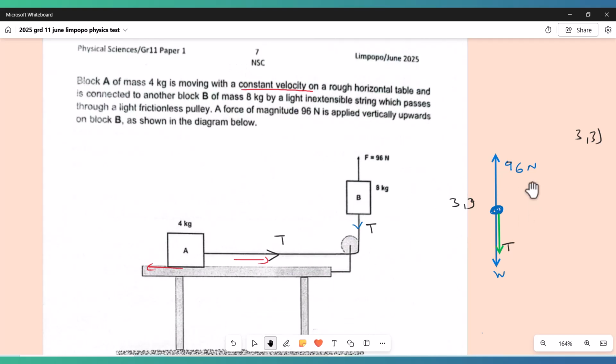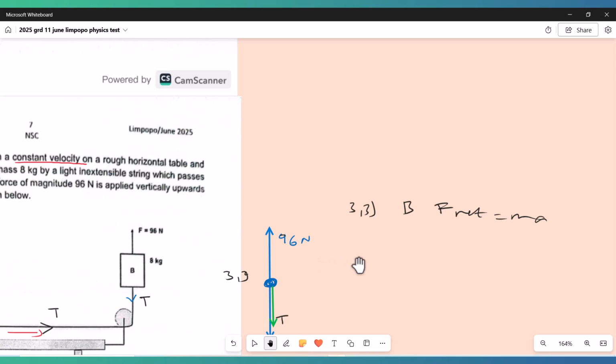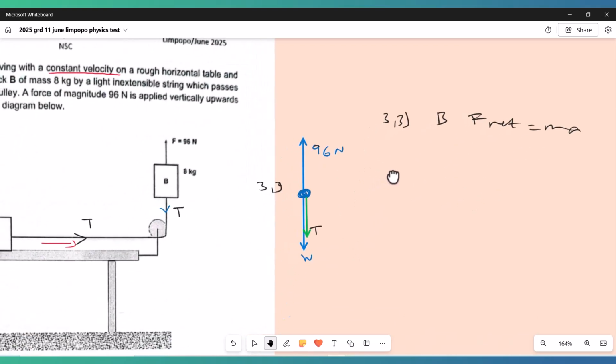Let's find out now. So we're going to substitute here. Now, guys, note that where the body is going, we make it positive. So here, we're going to have the applied force, which is 96. Now the applied force minus tension, then minus weight equals MA.